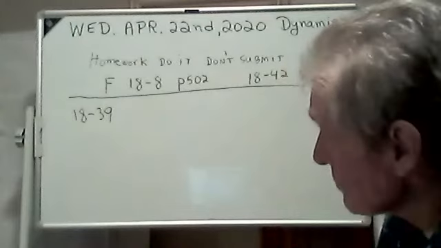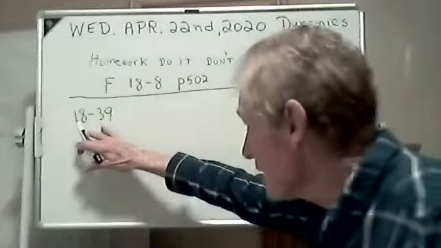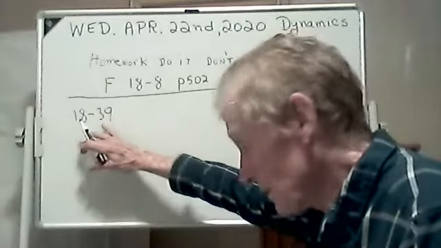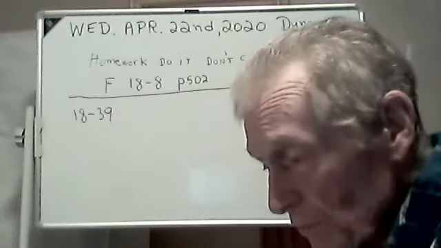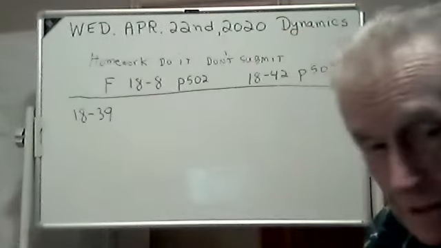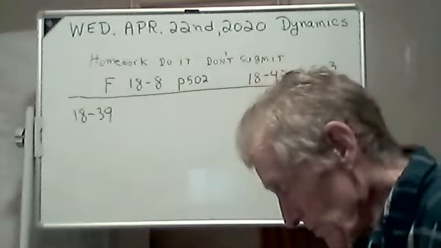But see, you could do that. They ask you to do this with work energy, but you could go back and work it with Newton's second law and see if you get the same answer. All right, here goes. Let me write this down now.